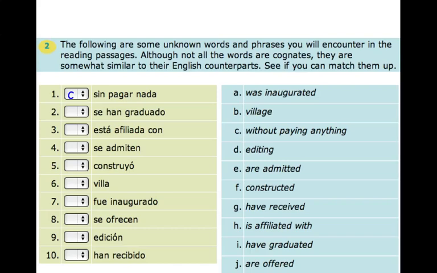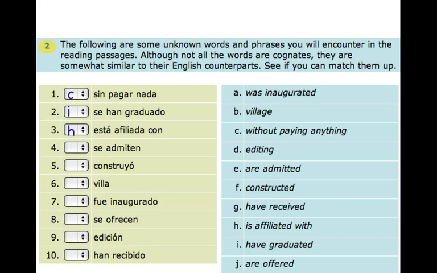Número 2, se han graduado. Graduado is a pretty good cognate. Letra I, have graduated. Graduado means graduated. Número 3, está afiliada con. Letra H is affiliated with. Con means with.